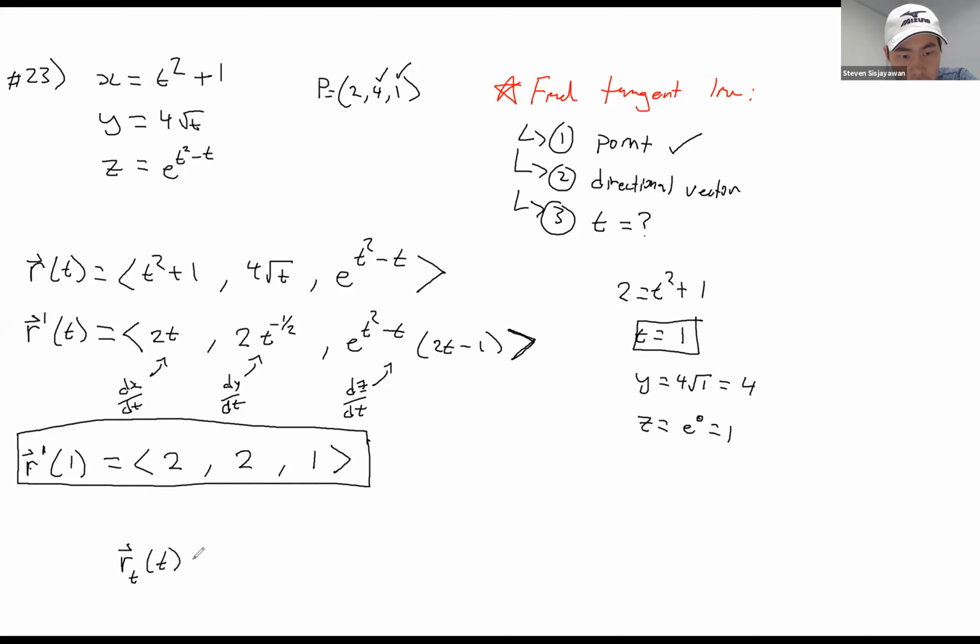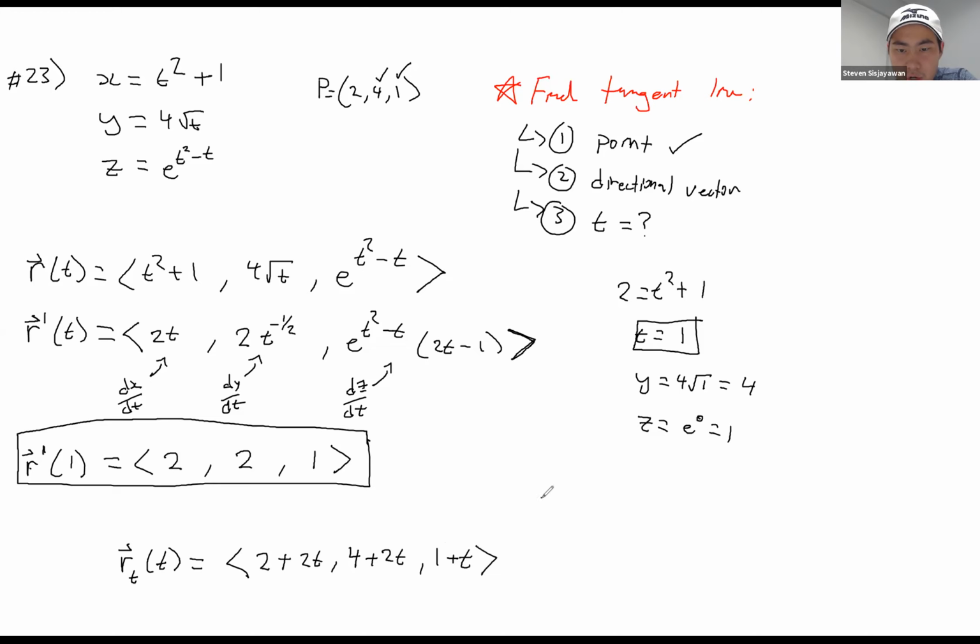r of t is basically my point x, which is 2, plus 2t, comma, my point at y, which is 4, plus 2t, and z, which is 1 plus t. There you go.